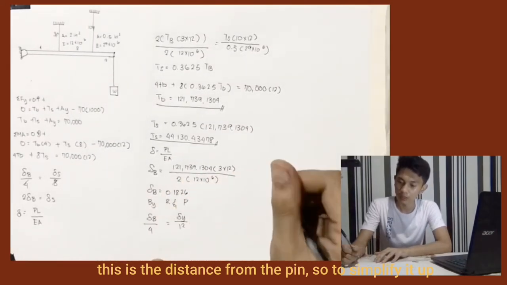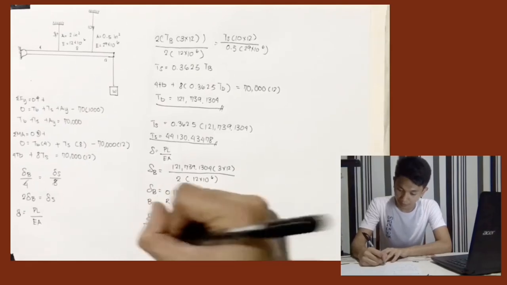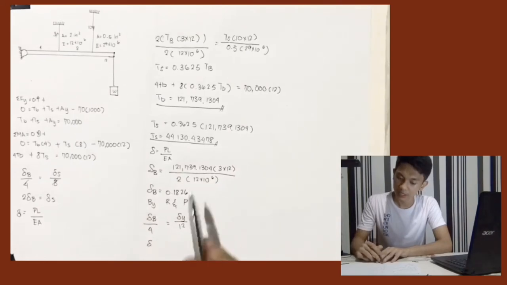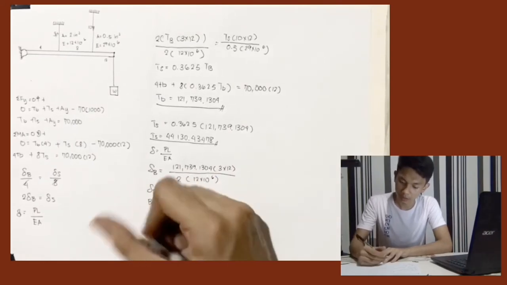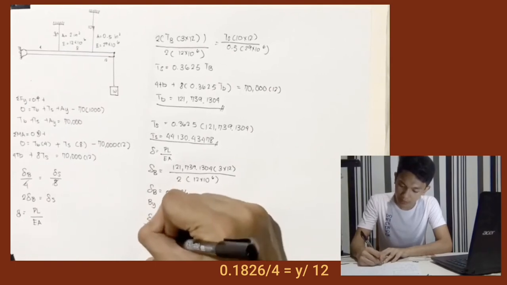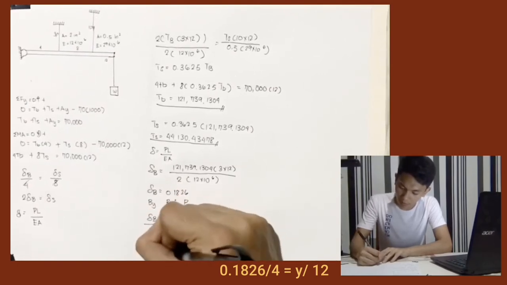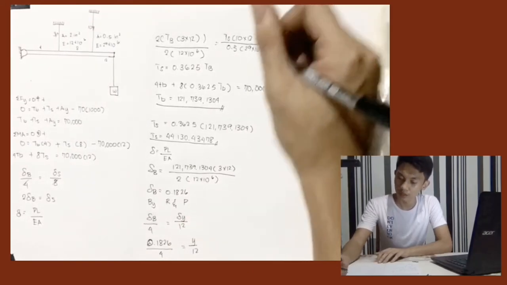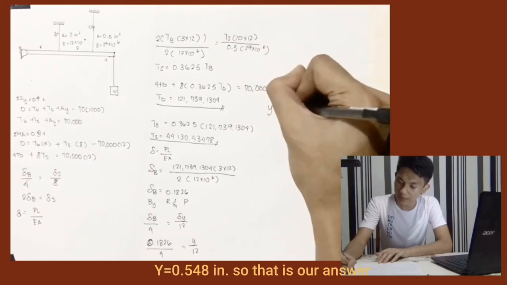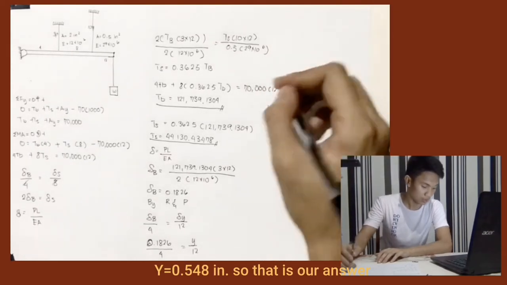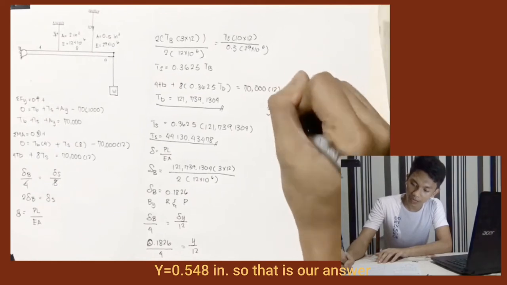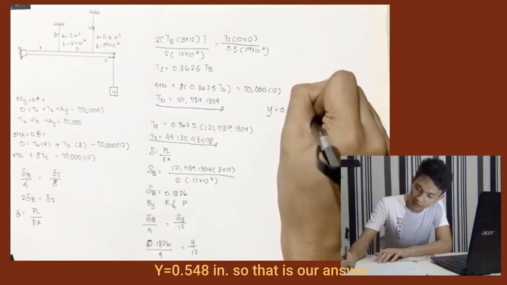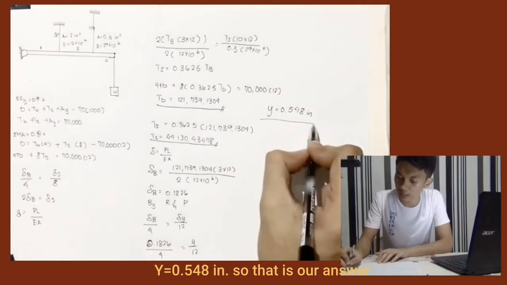So 0.1826 over 4 equals Y over 12. So Y equals 0.548 inches. So that is our answer.